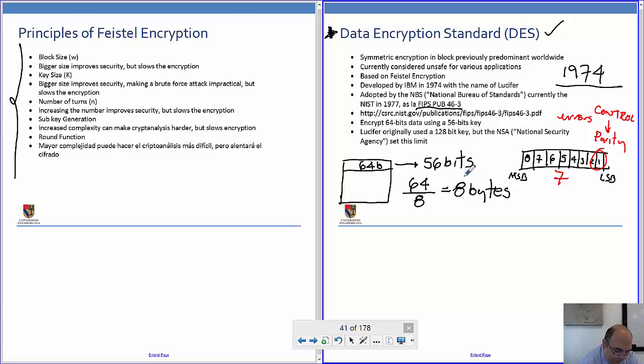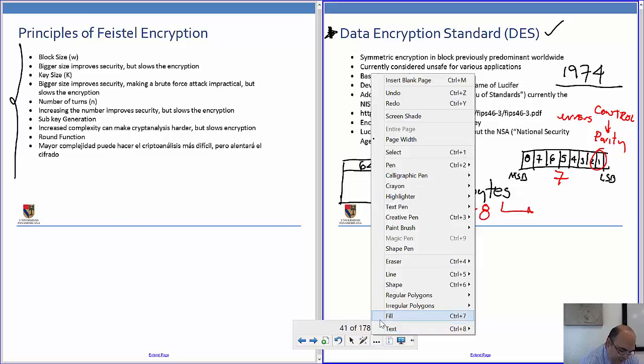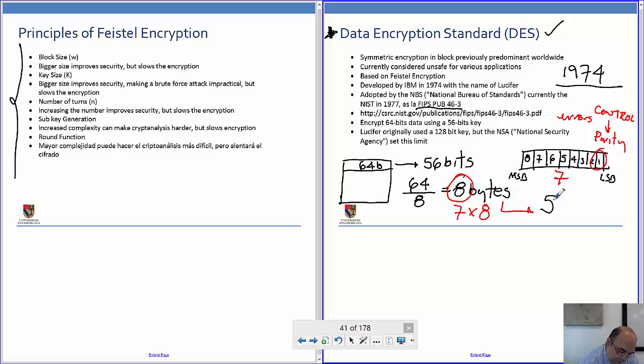So if we have 8 bytes and we take from each one 7 bits, how many bits do we get? 7 times 8. How many? 56. So in reality, we have blocks of 56 bits.